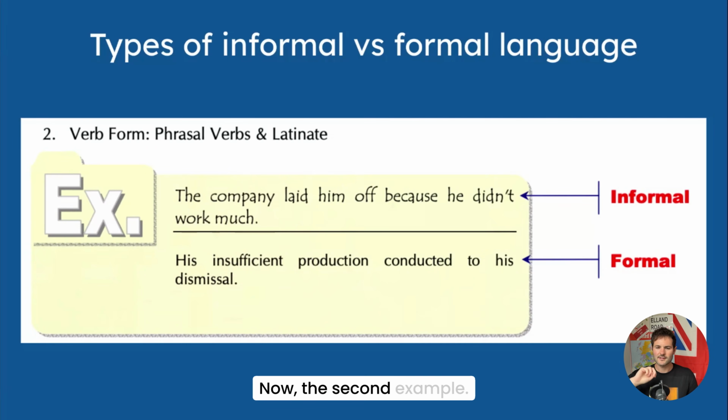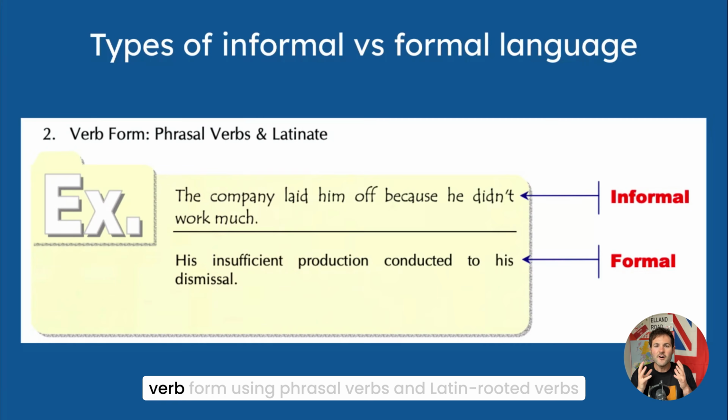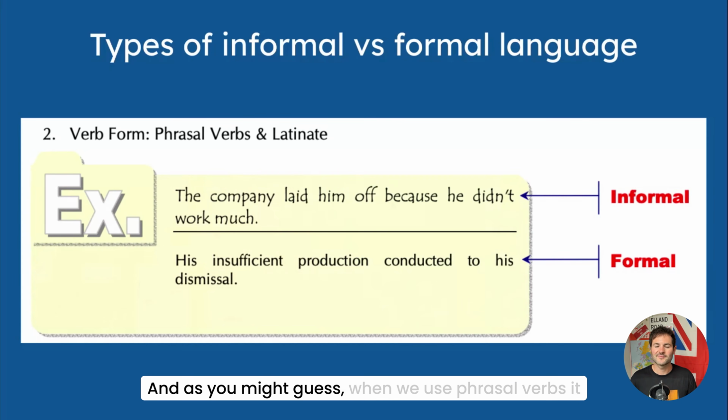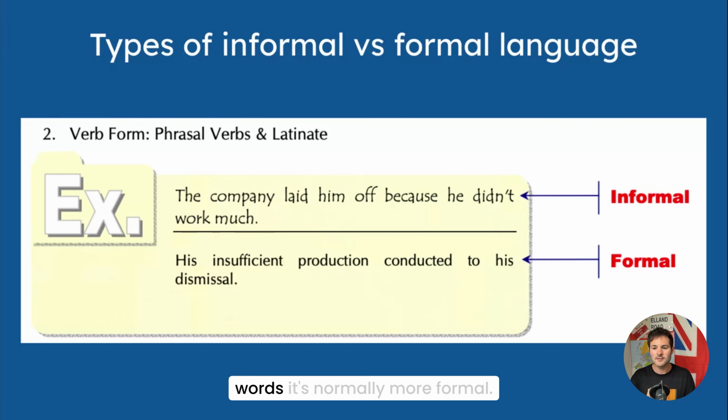Now, the second example. Verb form, using phrasal verbs and Latin-rooted verbs or words in general. And, as you might guess, when we use phrasal verbs, it tends to be more informal. And when we use Latin-rooted words, it's normally more formal.